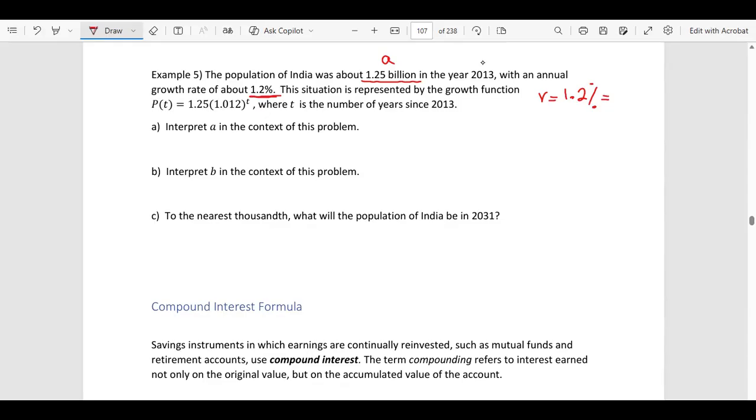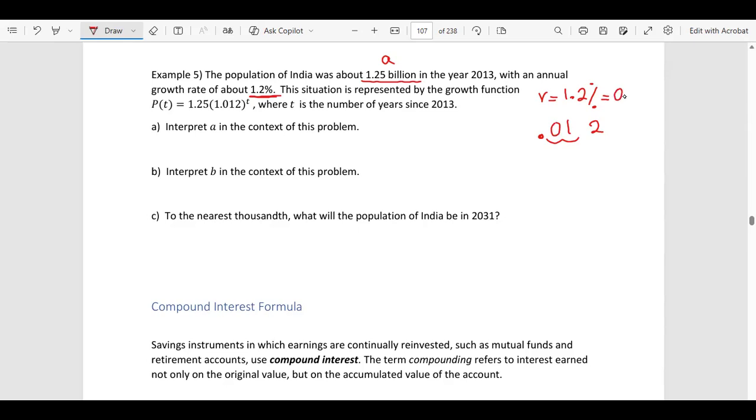You can use the percentage key on your calculator, or when you want to change a percent to a decimal, we always move the decimal point two digits back. And if any number is missing, you just leave a 0.